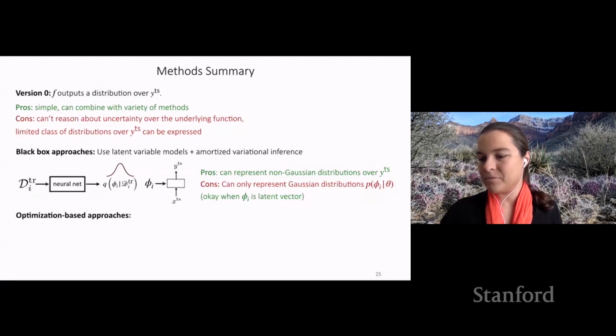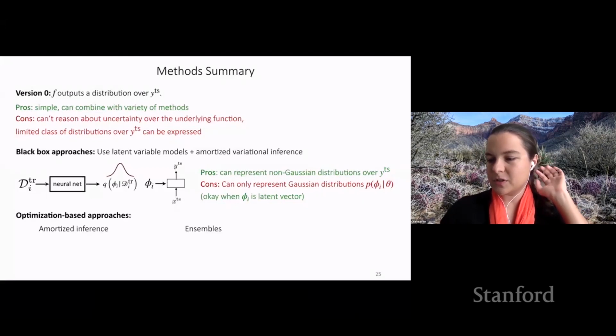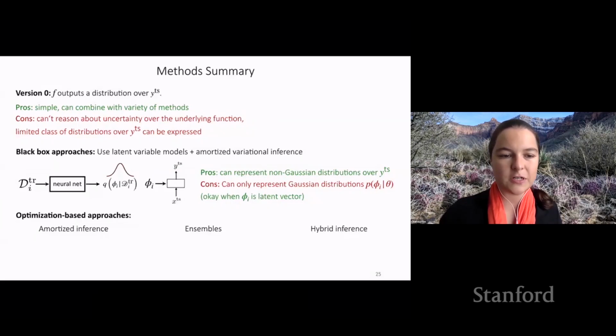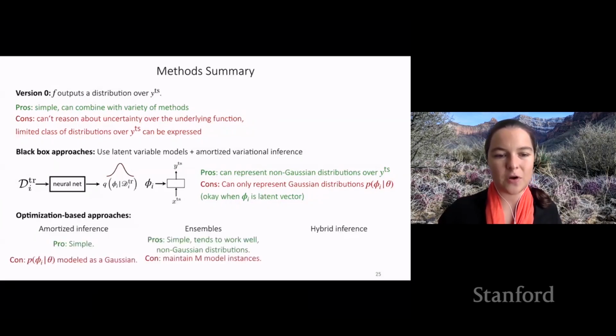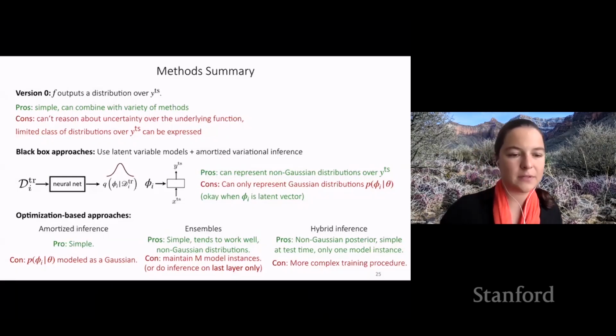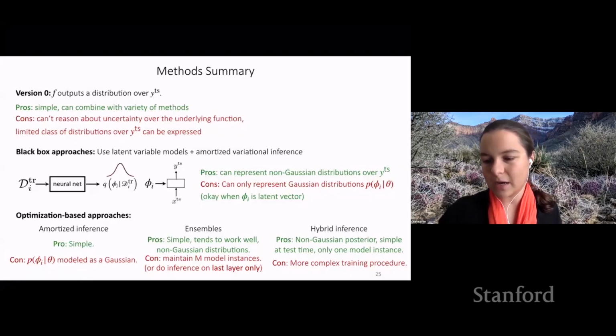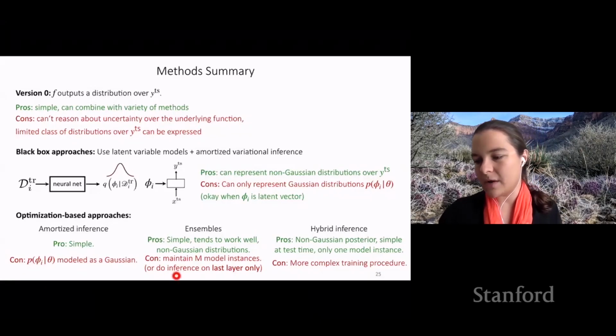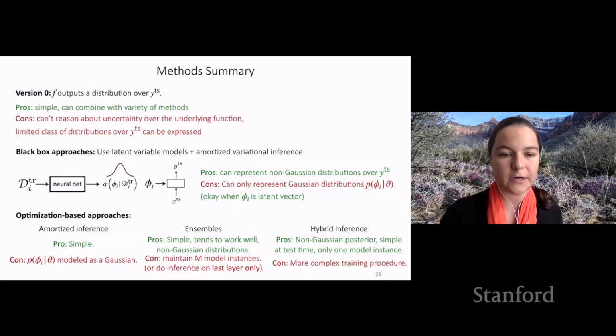And then we also talked about optimization-based approaches where you could use amortized inference, ensembles, or a hybrid inference procedure, and they each have their own pros and cons. The first two are pretty simple, but have various downsides, such as being a Gaussian posterior over phi, or having to maintain M model instances. The last one is more complex, but it does give you a non-Gaussian posterior.